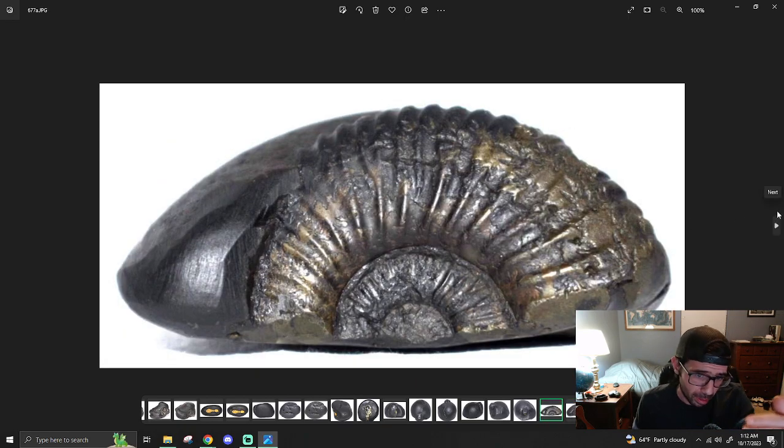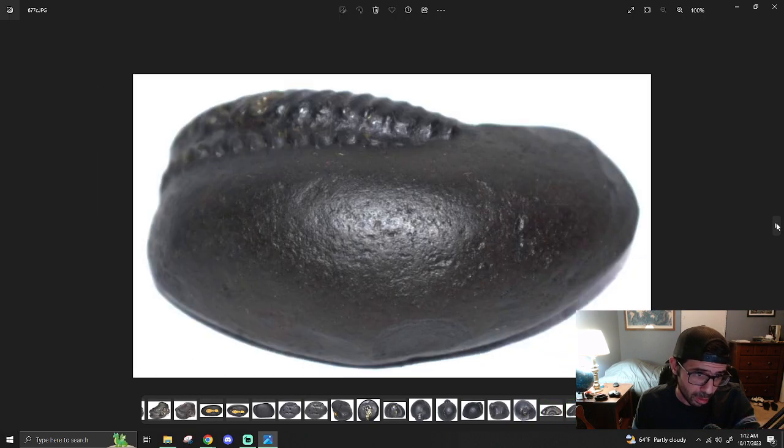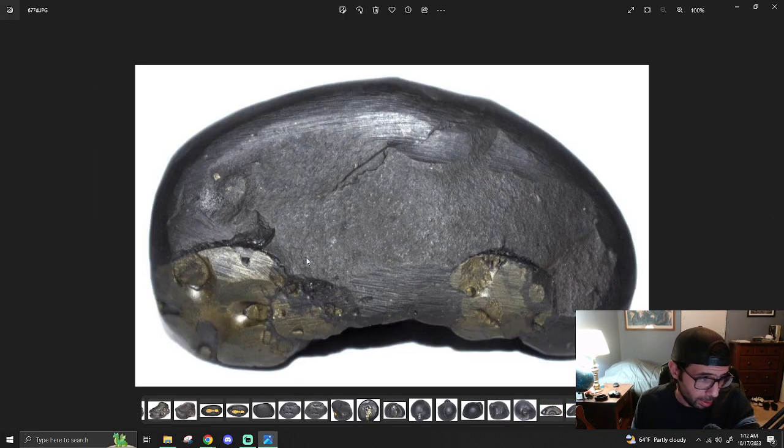So that's where it's split in half we're looking at here. You can see an inner one, I guess, maybe one there too. It didn't get through the shale, I guess. It's covered in shale for some reason, more so near the chakras than the outer portion. Little openings, very cool.